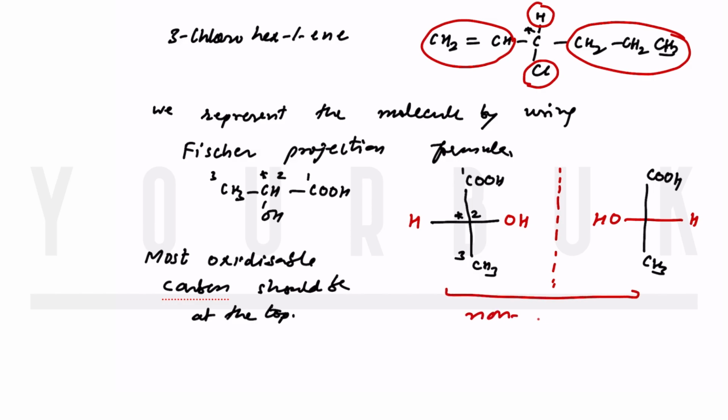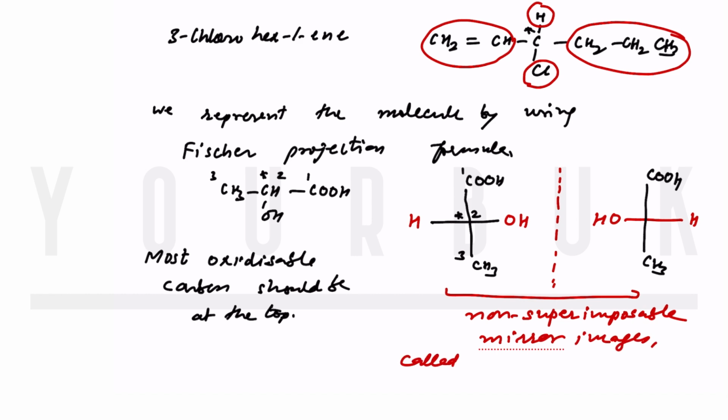So these are called optical isomers, also called enantiomers.